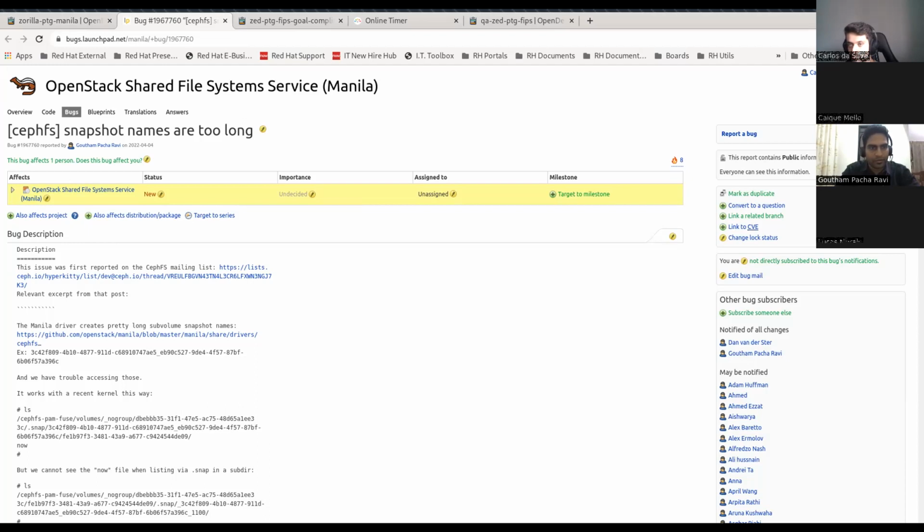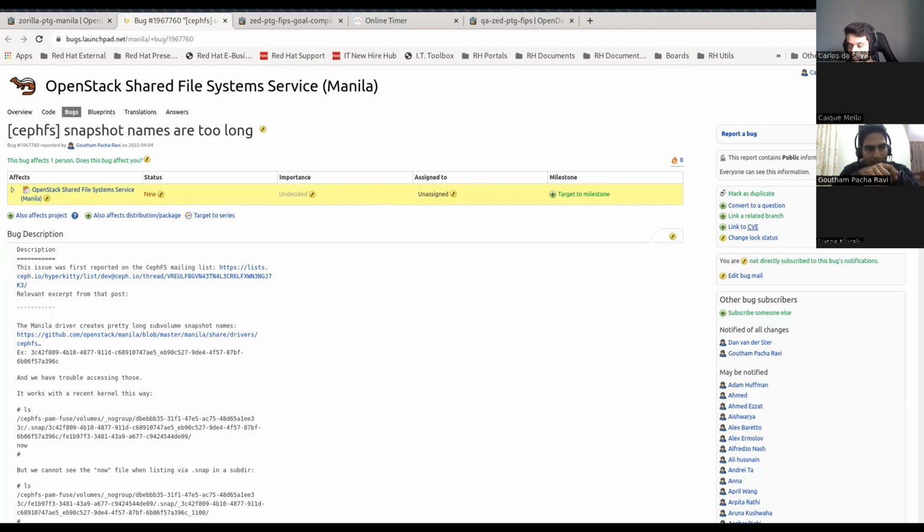It's very easy to replicate: when you snapshot a share and cd into the .snap directory and then try to traverse any of the snapshots created by Manila, you'll get a not found error from the OS.